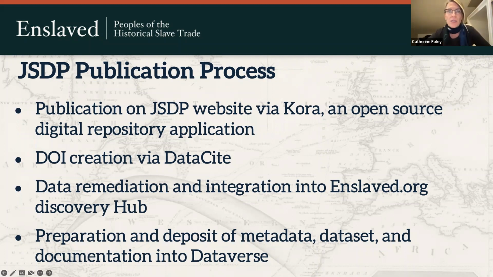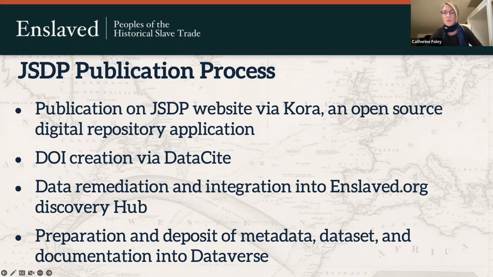We do data remediation and data integration into enslaved.org using OpenRefine and wiki-based tooling for integration into our graph database. And we use those for data cleaning, data normalization, and then the integration process.